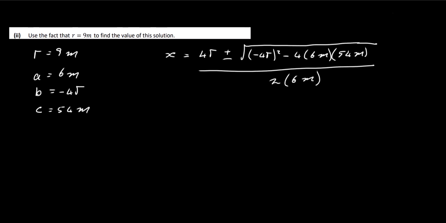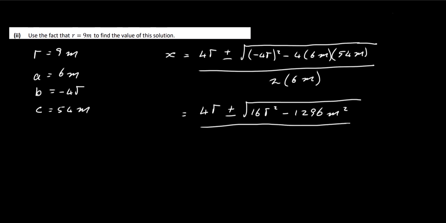Now let's just multiply some of this out. So we have 4r plus or minus the square root of 16r squared minus 1296m squared. So you multiply 4 by 6 by 54 gives 1296, and m times m is m squared. Underneath then we've got 2 sixes, which is 12m.